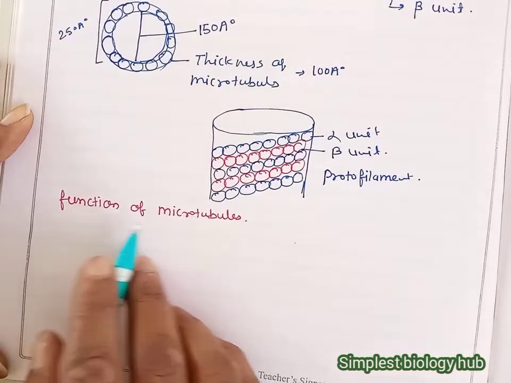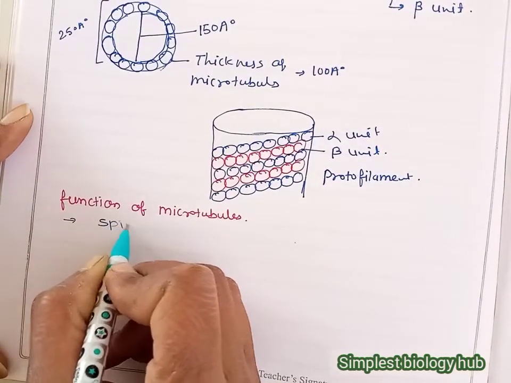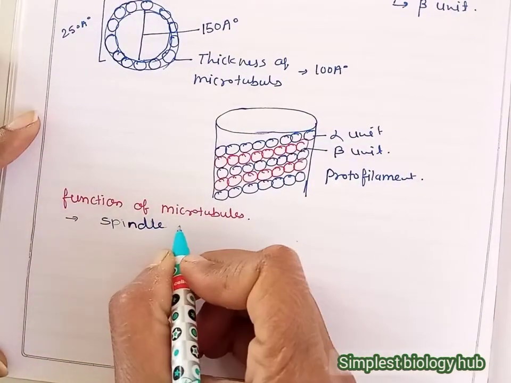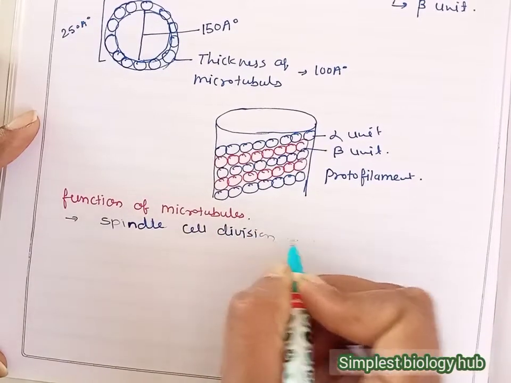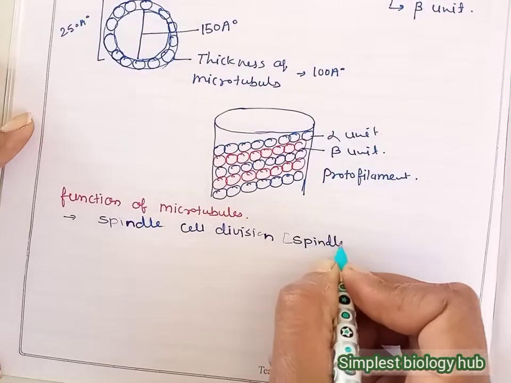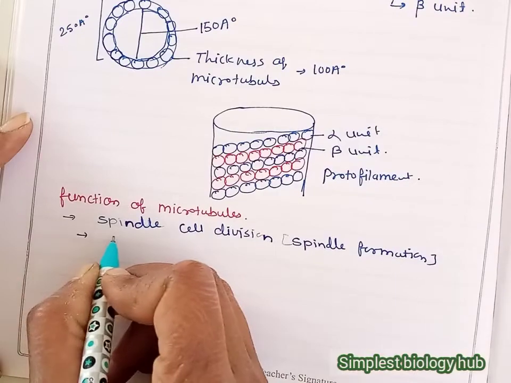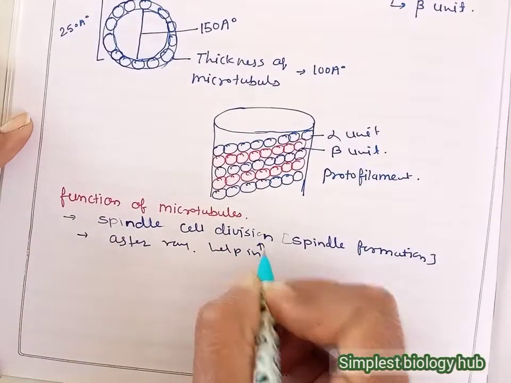Now we talk about the function of the microtubules. The main function of the microtubules is the formation of the spindle apparatus. Spindle formation takes place during cell division, and the aster rays are responsible for it, helping in cell division.